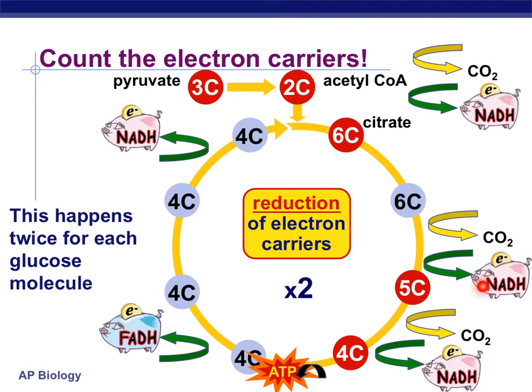Remember, that will be money in the bank. What we notice here is that we're also going to reduce another electron carrier, FADH2, or NADH, it really doesn't matter. They're both electron carriers. We're going to harvest that savings a little later.